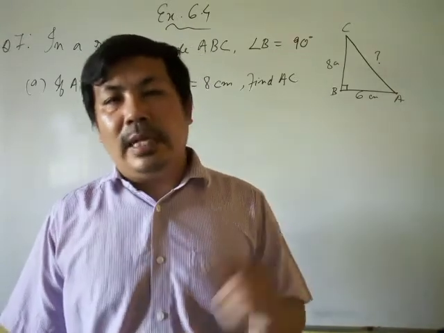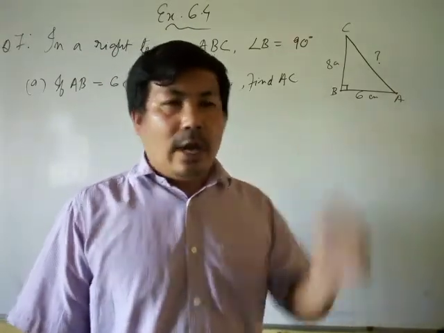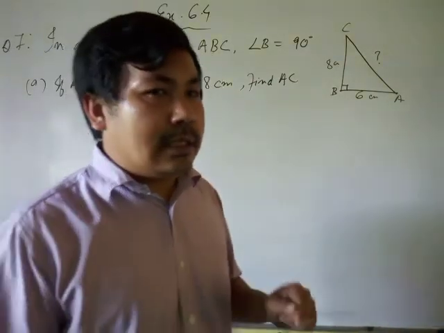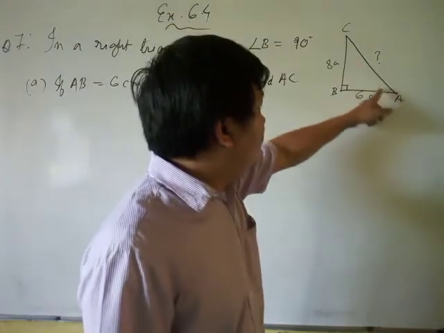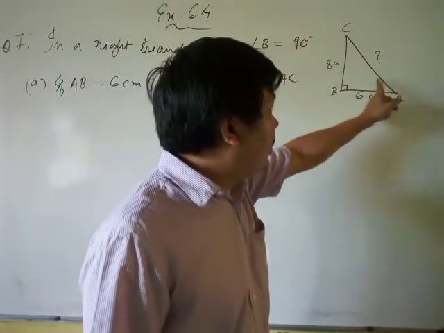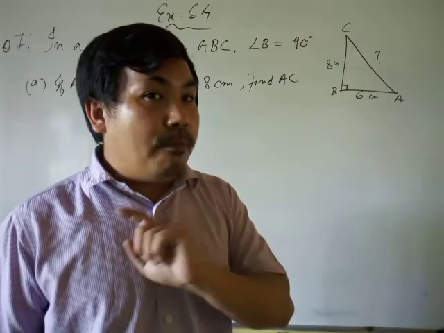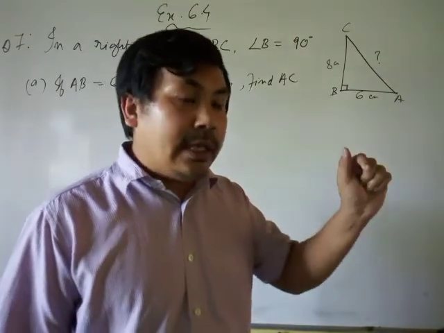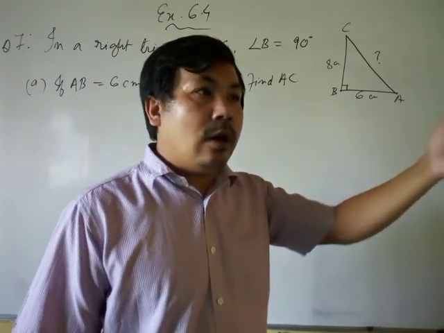The Pythagoras theorem says that the square on the hypotenuse is equal to the sum of the squares of the two other sides. The side opposite to the right angle is called the hypotenuse. Taking the square on it will equal the sum of the squares of the other sides.